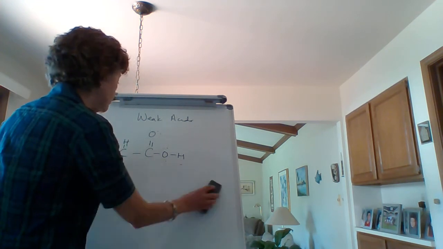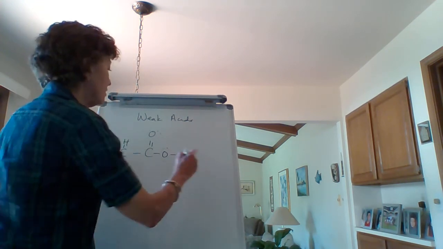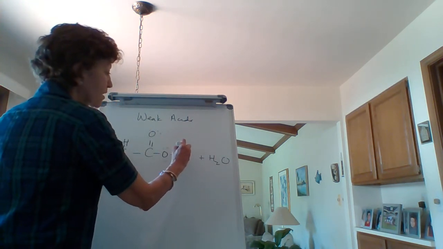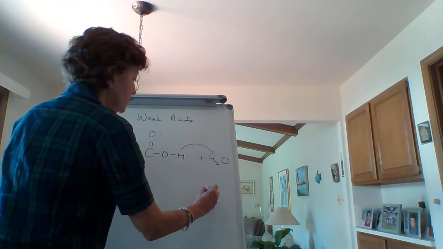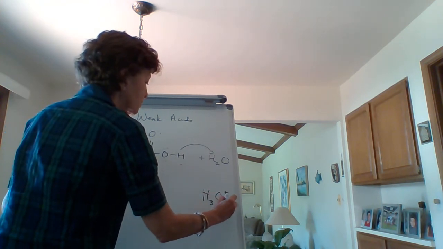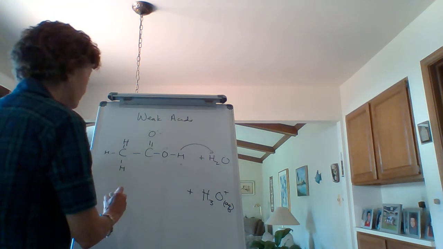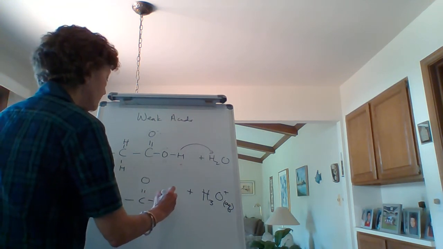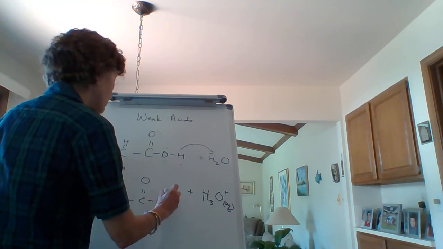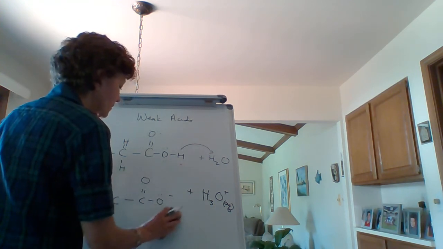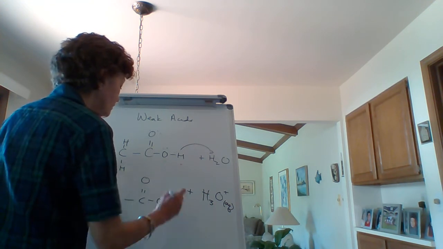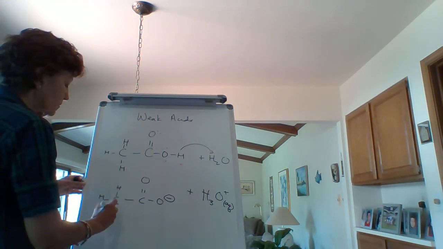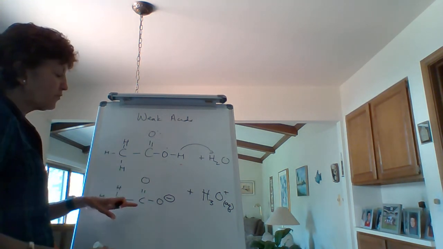Let me show you. So if you have a molecule of water here, this hydrogen ion will go over to the water, making it the hydronium polyatomic ion. And then what's left over is this over here. Actually, don't worry about the lone pairs because I don't want them to confuse you. Here we go. So this here is what is left over.